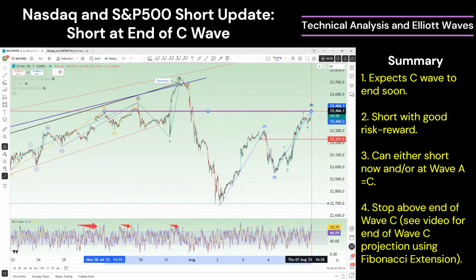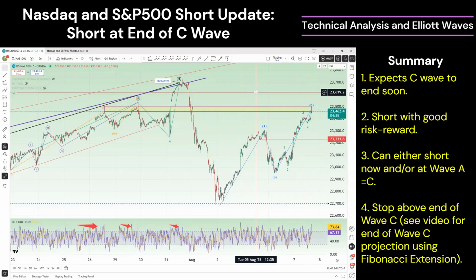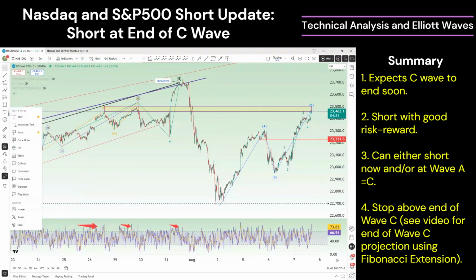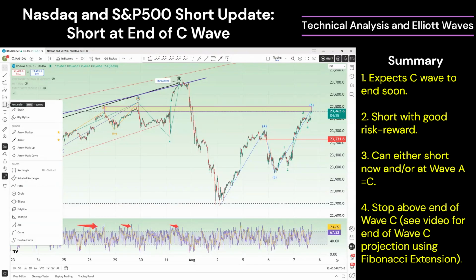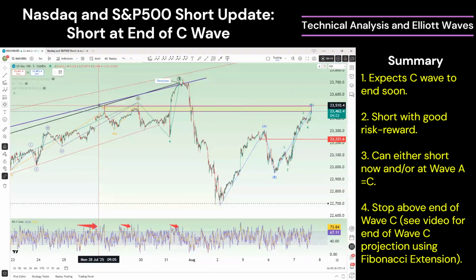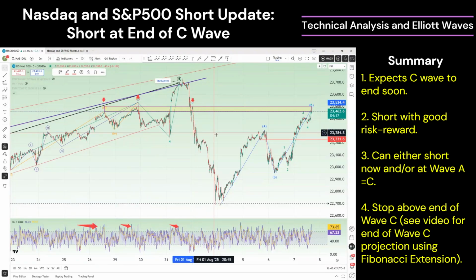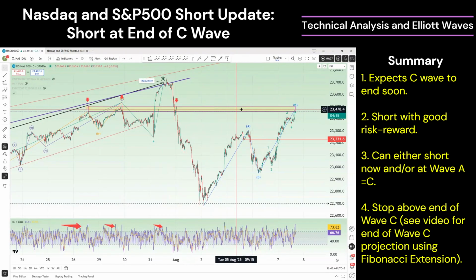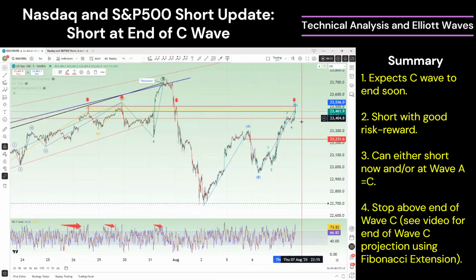This price zone, and I'm referring to, let me see, where is my arrow? Okay, down arrow, this point, this point, this point. So this is a resistance zone, and now we are here also.